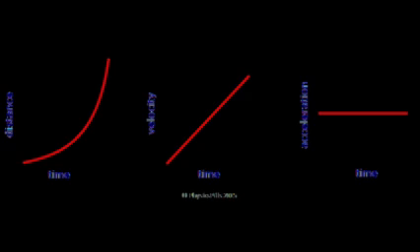Here you can see three different types of curve. First one, it is in the form of the curve. Here the acceleration is not uniform. That means the object is not moving with the constant speed. For the second one, with constant speed, that means uniform speed, it is moving.